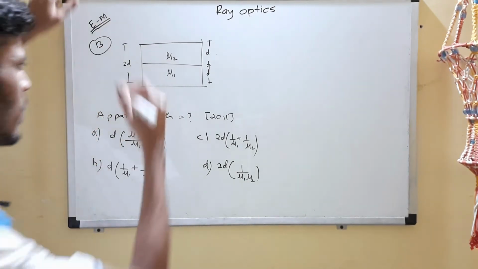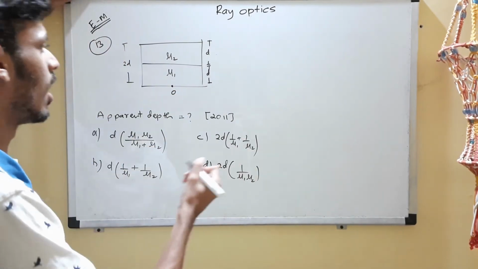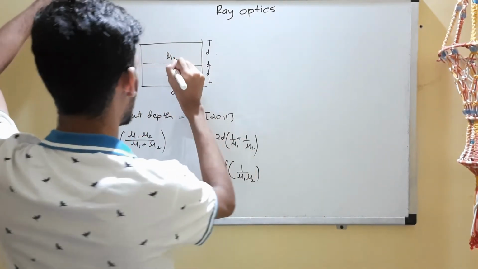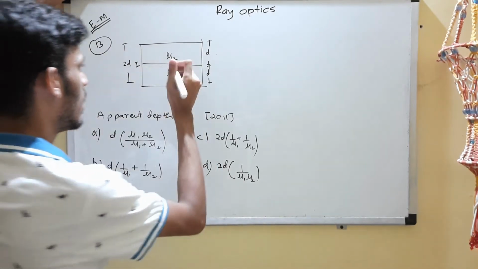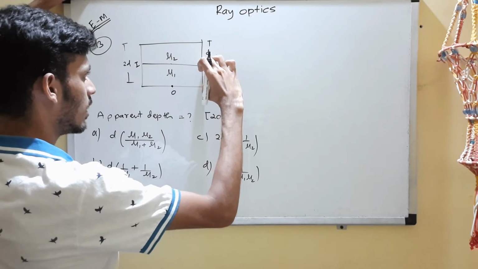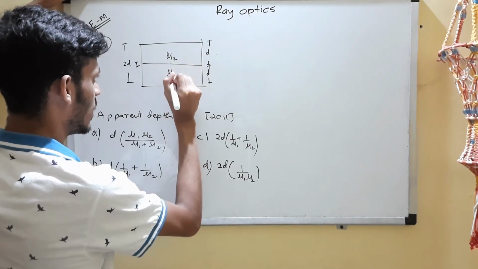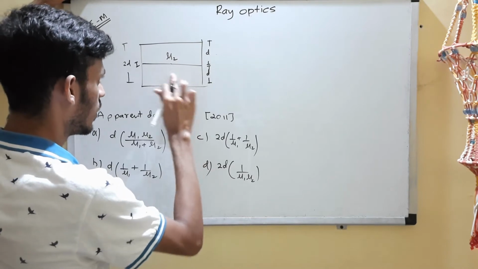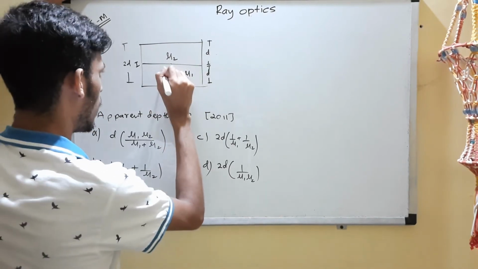So first of all, let's assume we have some object over here. Let's see how much that object shifts. First we'll consider surface number 1. This d will be the actual distance over here, and suppose we say that the image is formed over here.